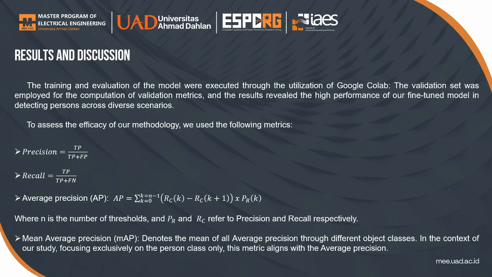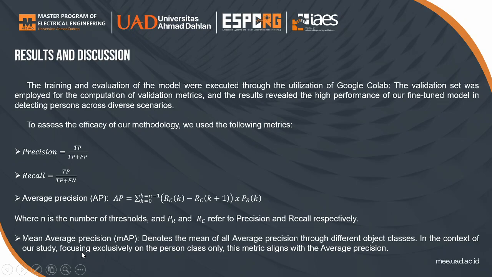To assess the efficacy of our methodology, we use the following metrics: precision, which is true positives over true positives plus false positives; recall, which represents true positives over true positives plus false negatives; and average precision, which is defined by this equation, where n is the number of thresholds, and PR and RC refer to precision and recall respectively.